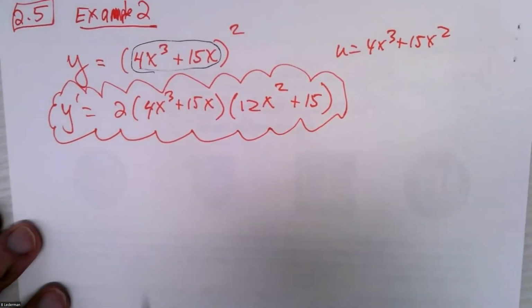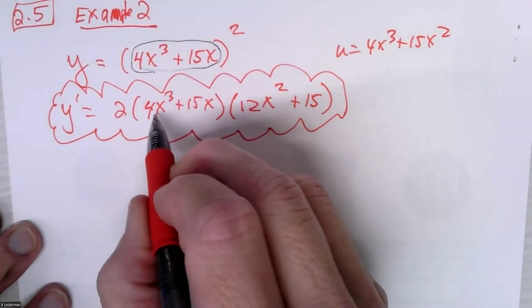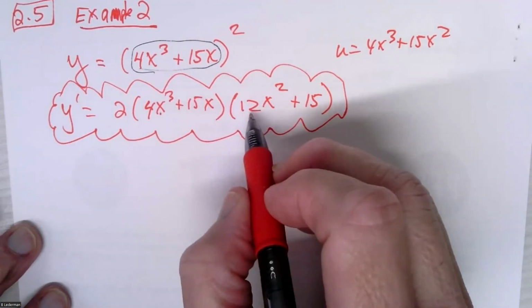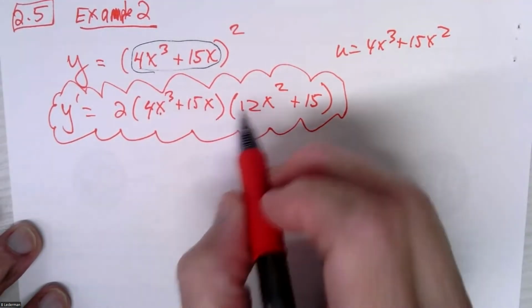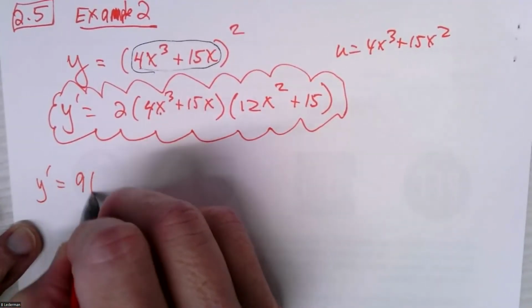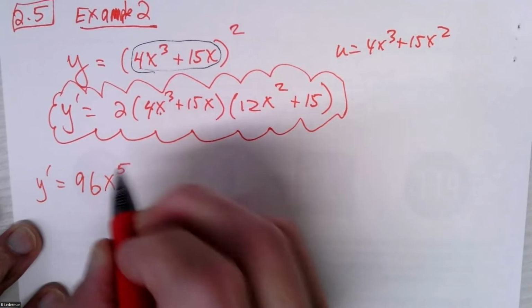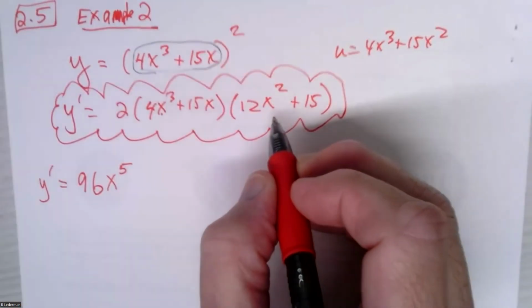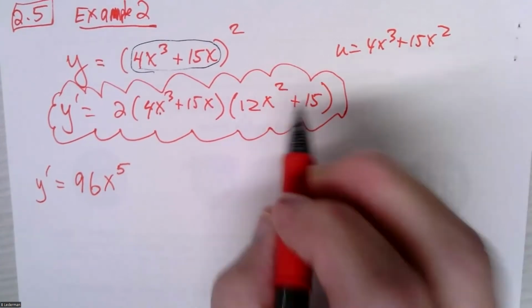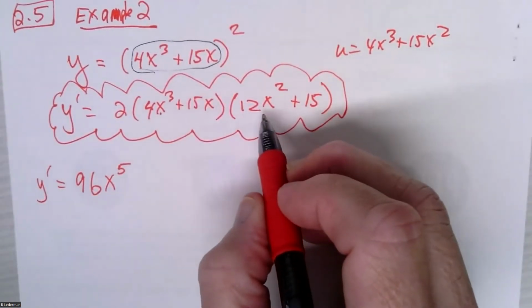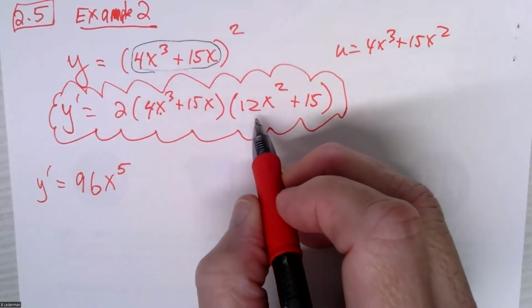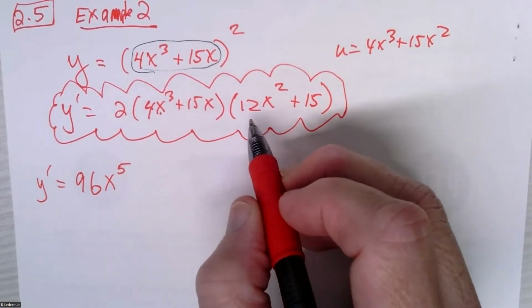So let's just do it. Let's start here. 4 times 12 is 48, times 2 is 96. And it's x to the third times x squared, that's x to the fifth.